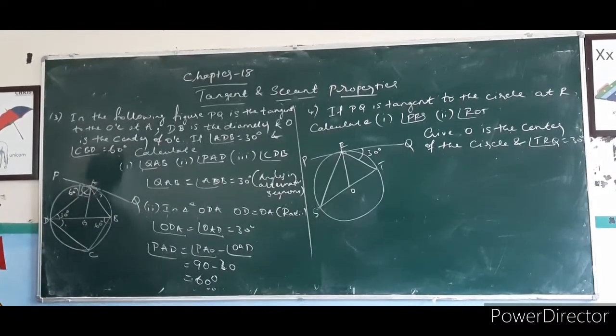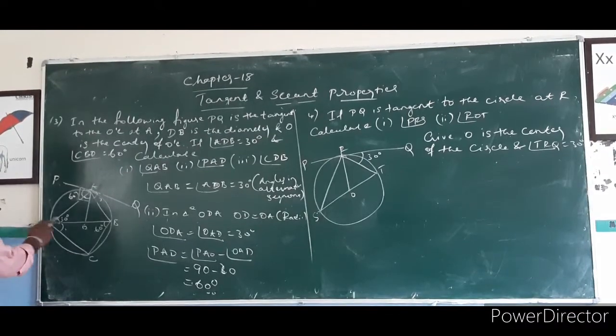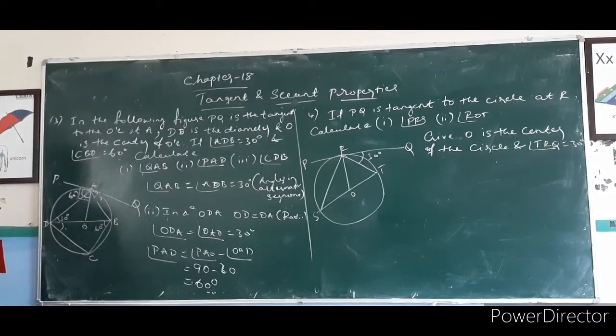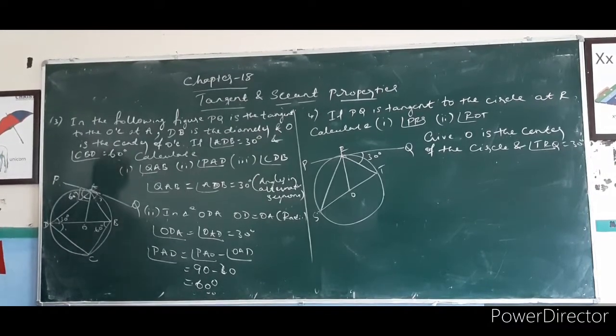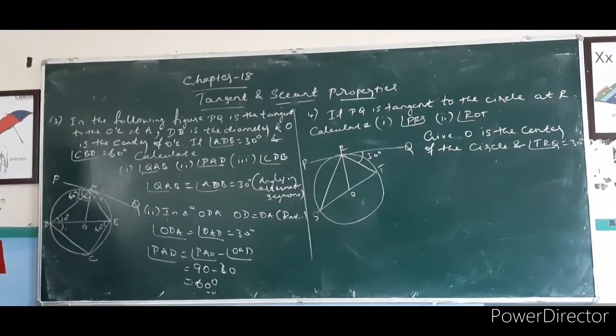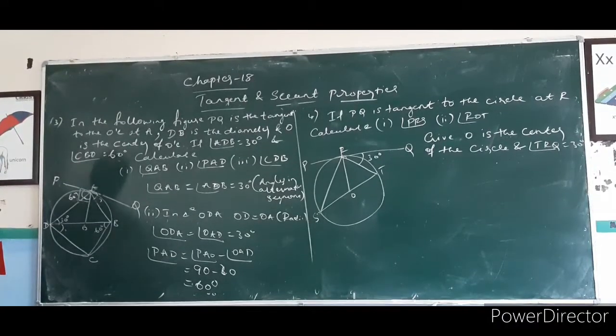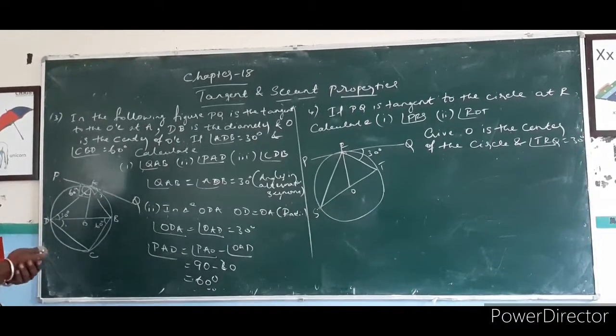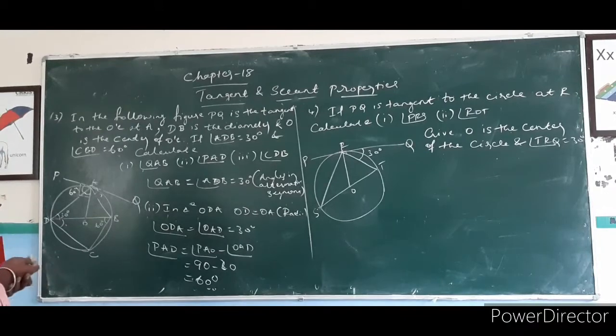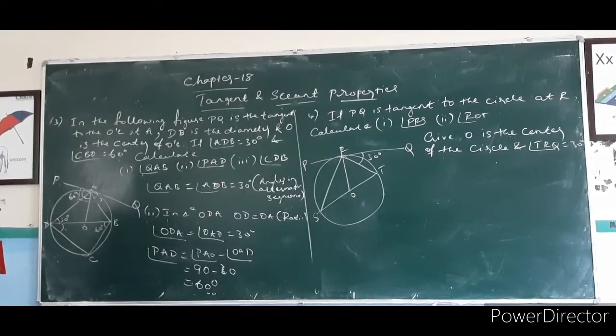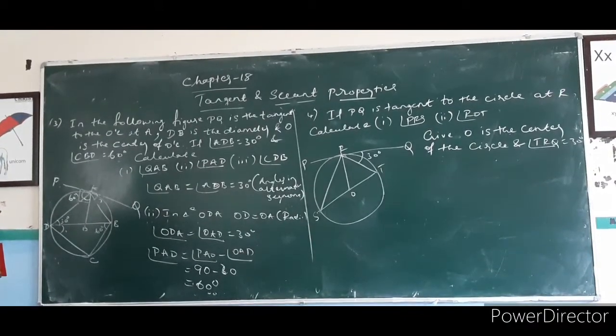Next, what we have to find out? CDB. So in that, we can easily find out the CDB angle by using triangle CDB. You can consider the triangle CDB.